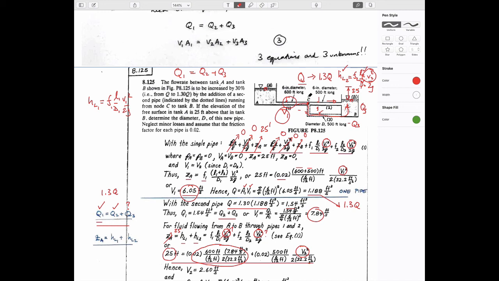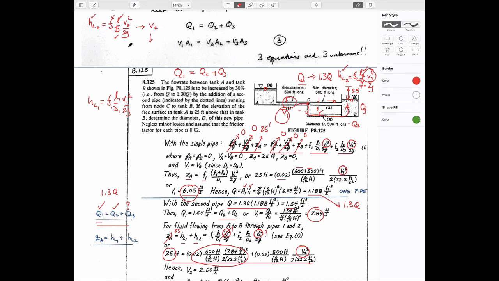If we have that head drop on the final part, we can just calculate from head loss 2 being equal to friction factor times length over diameter times V2 squared over 2g. We know this, we know this, we know this. The only part we don't know is this, so we can solve for V2.